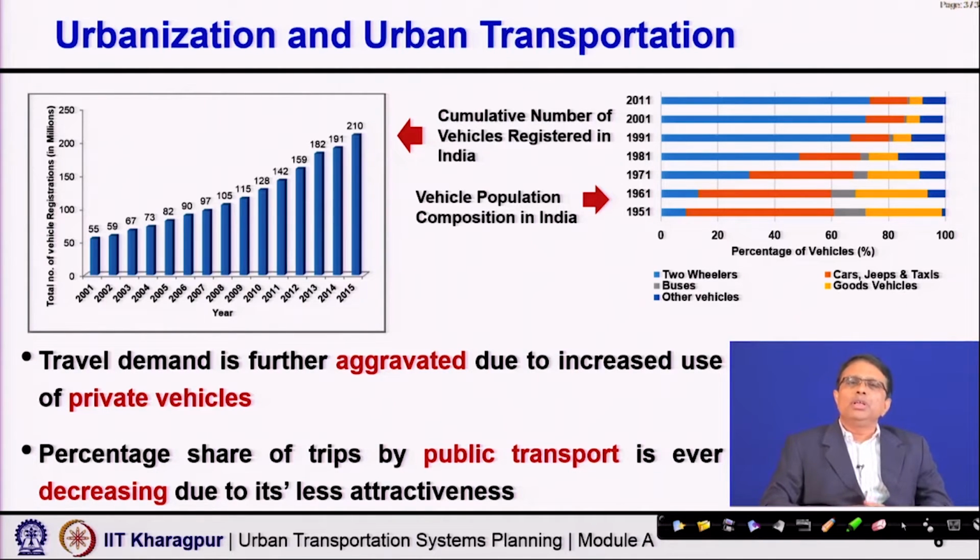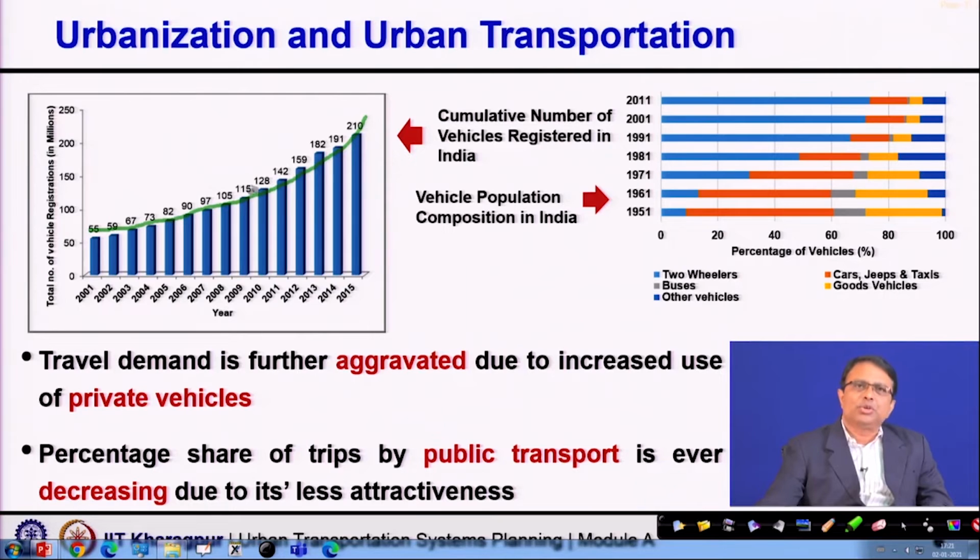One more important thing in this context is the percentage share of trips by public transport, it is ever decreasing due to its less attractiveness. So, on the left side I have shown a figure here, you can see how the total registered vehicles are growing in India, right. So, you can clearly see that this is the kind of growth that is really happening.